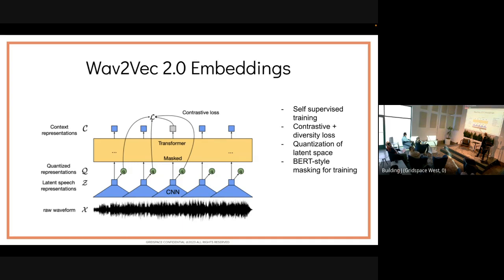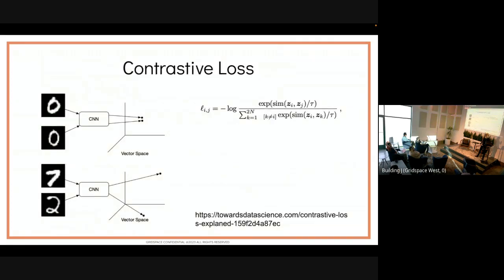You're trying to maximize the mutual information between the correct one of these and your context representations, and minimize it for the negative examples, the wrong cue. This takes your audio waveform and gives us some feature embeddings from it. There are other ways, but this is a very standard model for it.